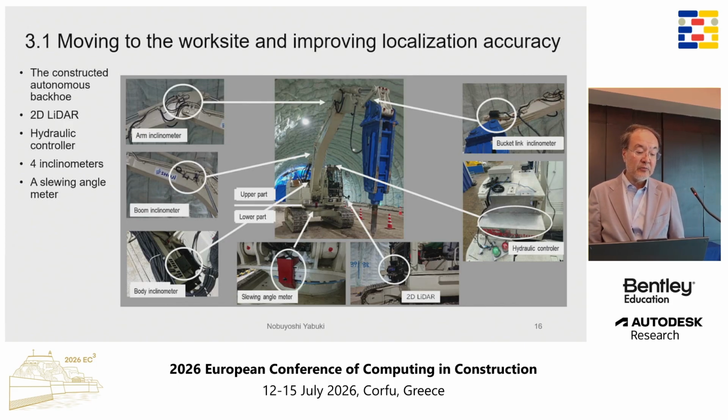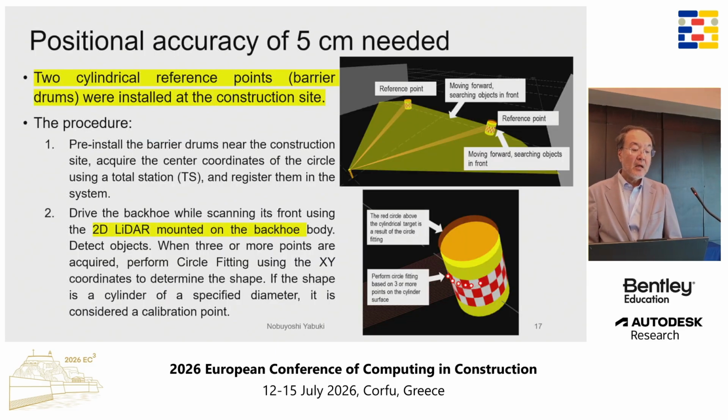This picture shows the backhoe machine that we developed. This machine has a 2D LiDAR, a hydraulic controller, 4 inclinometers and 4 steering angle meters. So this backhoe can proceed from the tunnel entrance to the inside of the mountain tunnel by using the 2D LiDAR.